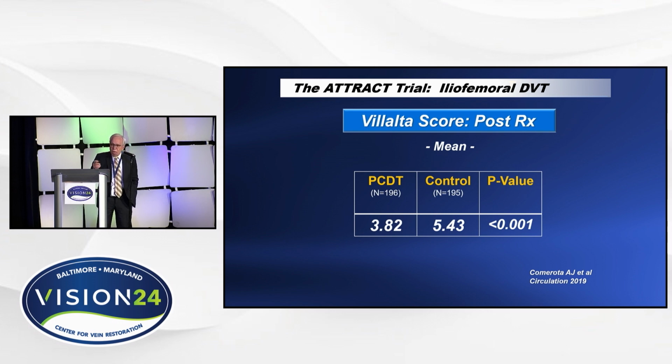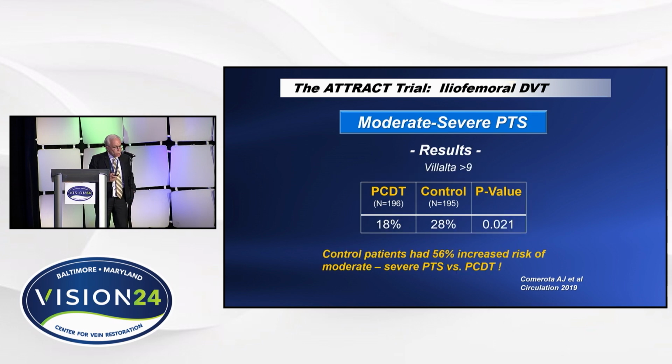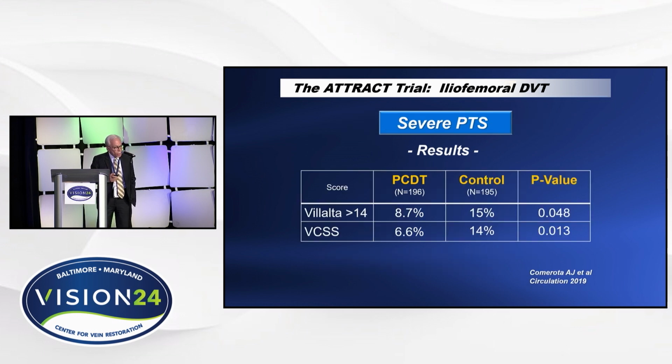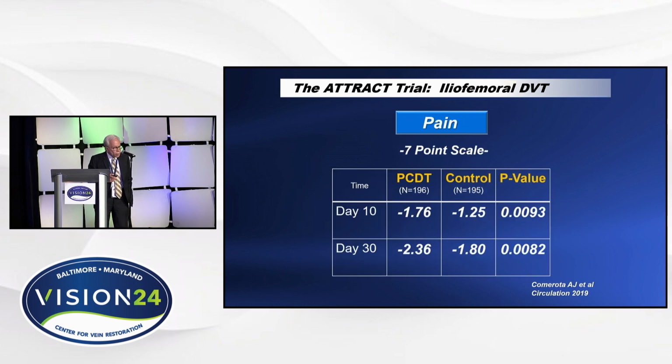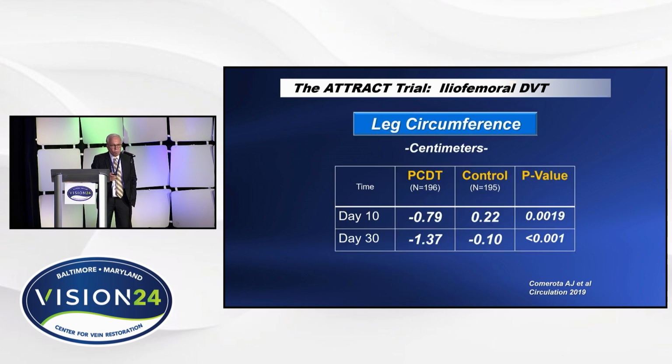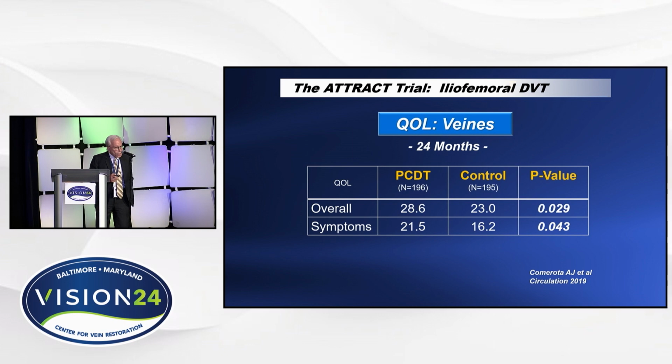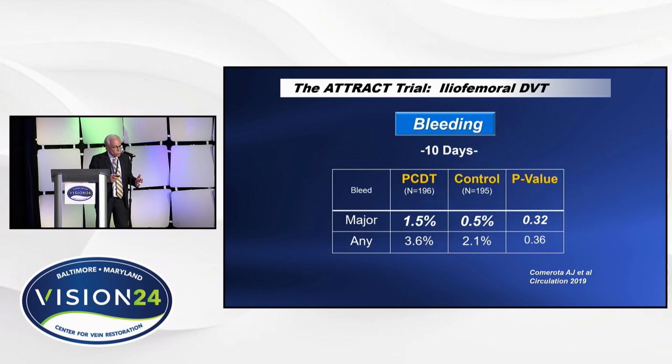So the ATTRACT trial did not meet the primary efficacy outcome, but if you look at the average Villalta score post-treatment, there was a significantly lower Villalta score in the PCDT patients than the control patients. There was a significant reduction in moderate and severe post-thrombotic syndrome in the PCDT patients, and there was a significant reduction in pain, significant reduction in swelling, and a significant improvement in quality of life at 24 months after entry into the trial in those patients who were randomized to pharmacomechanical thrombolysis.